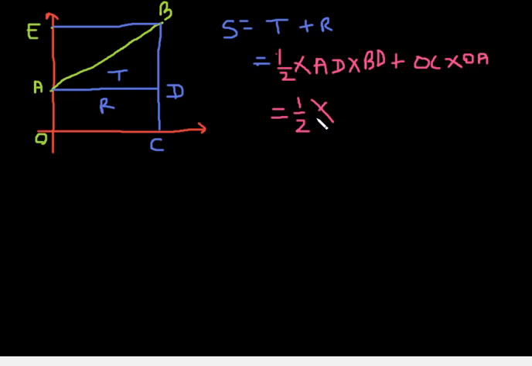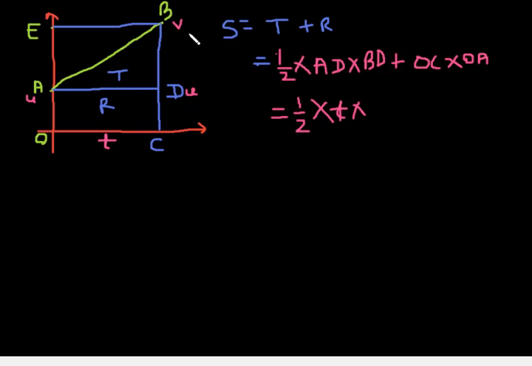Again half into AD. What is AD? AD is nothing but the time. Here AD and OC are both equal. OC is the time taken by the body from point A to point B. So AD is also T, time. So AD can be represented as T into BD. What is BD? At point B the velocity is V. At point A the velocity is U, and at point D the velocity is also U, as I have already explained.